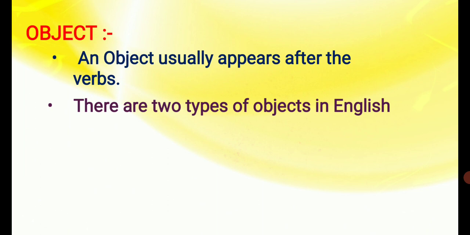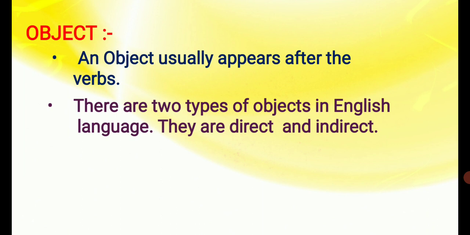There are two types of objects in the English language. They are direct and indirect. Direct object and indirect object. Now you have a question: what is a direct object and what is an indirect object? Let's focus on it and get information about direct and indirect objects.